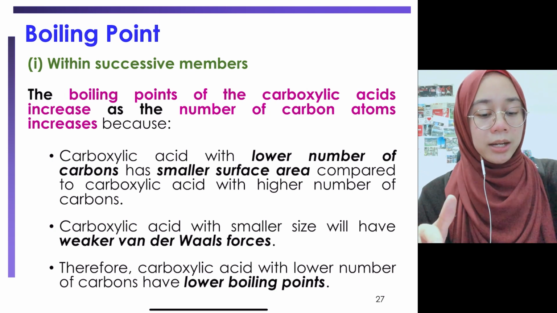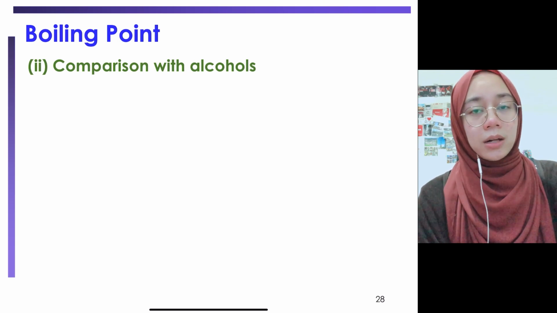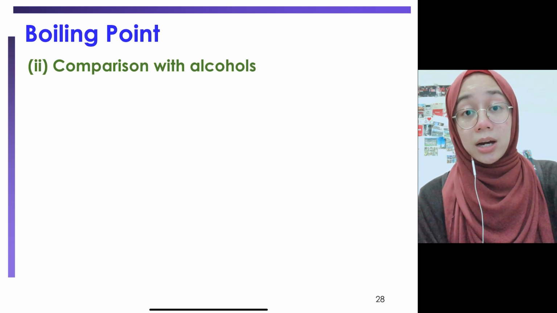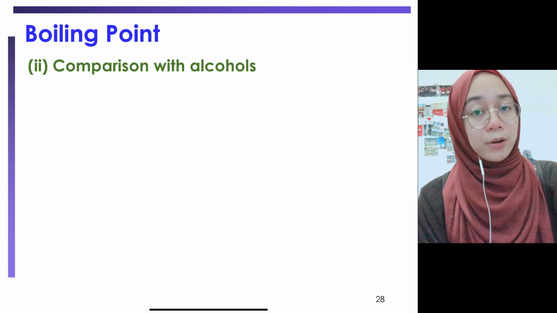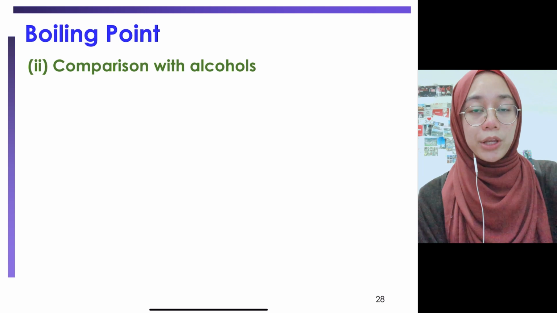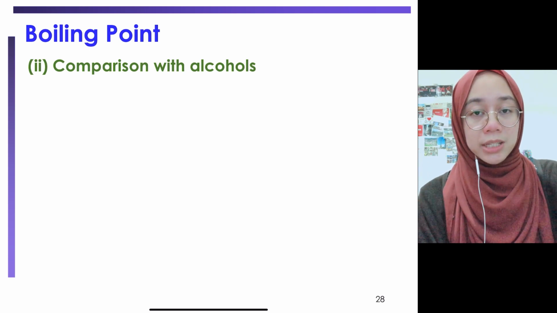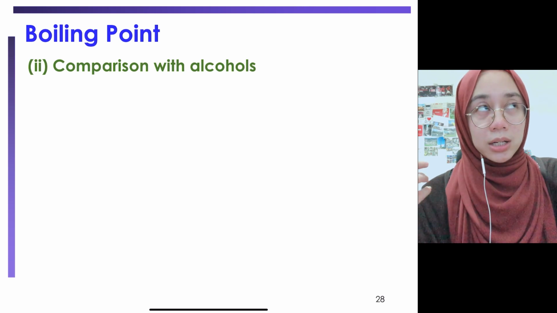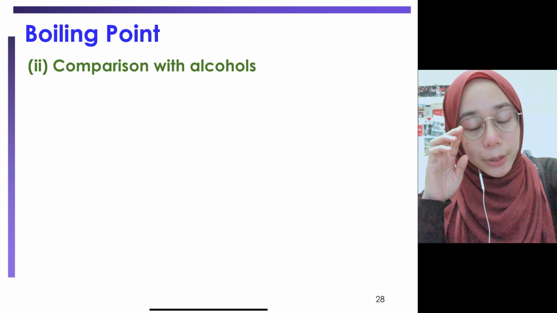Then we go on to compare with alcohol. What about alcohol? Alcohol is a polar compound, isn't it? And specifically it can form hydrogen bonds between the molecules. So besides forming van der Waals forces, it has a stronger intermolecular force between the molecules, which is the hydrogen bond.